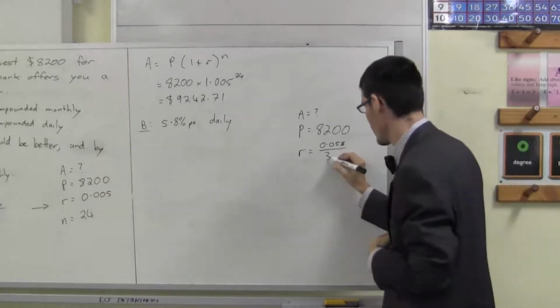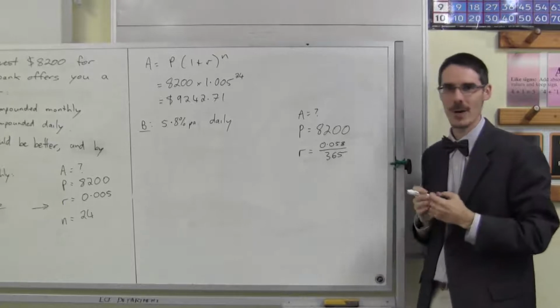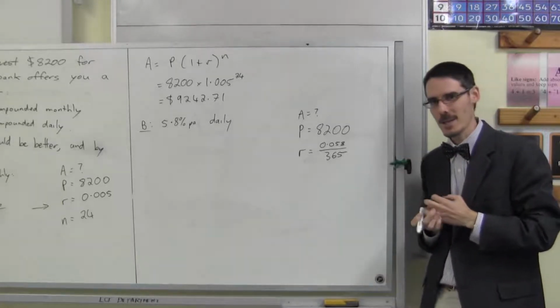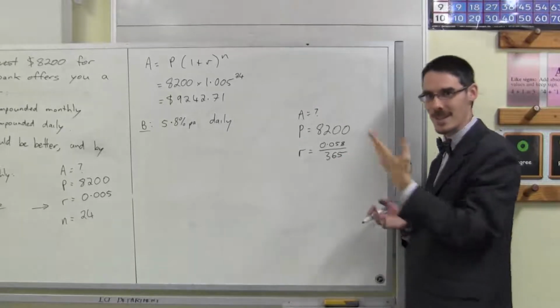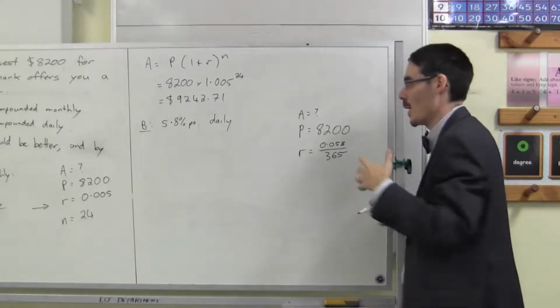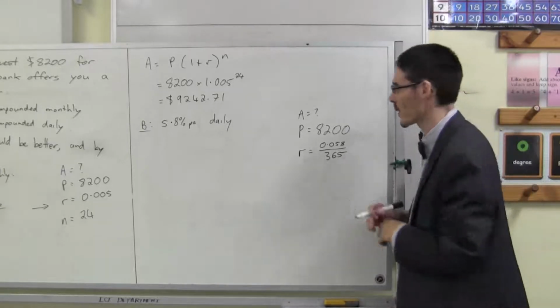Banks always work on 365 days in the year, even if it's a leap year. They still go 365. Isn't that nice? You got one measly day more interest in a leap year.